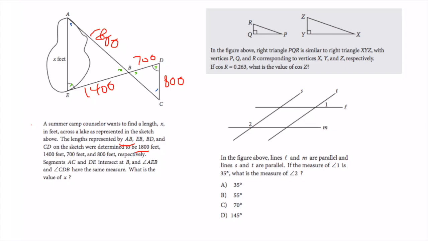I have similar triangles, so again, my side lengths are going to share the same ratio. So if I were to flip B, D, and C over, or rotate it, I know that BD is the same as BE, and I also know that DC is the same as AE.